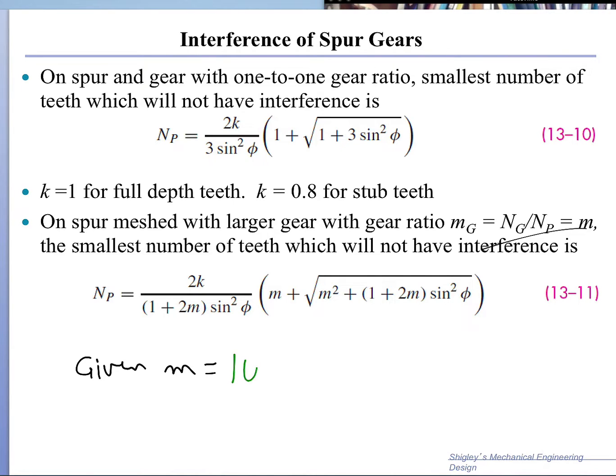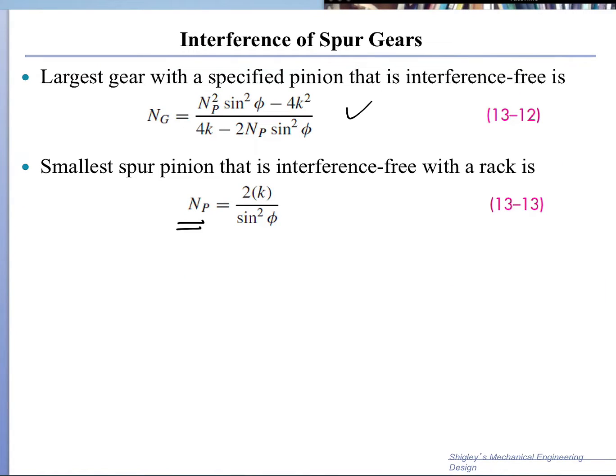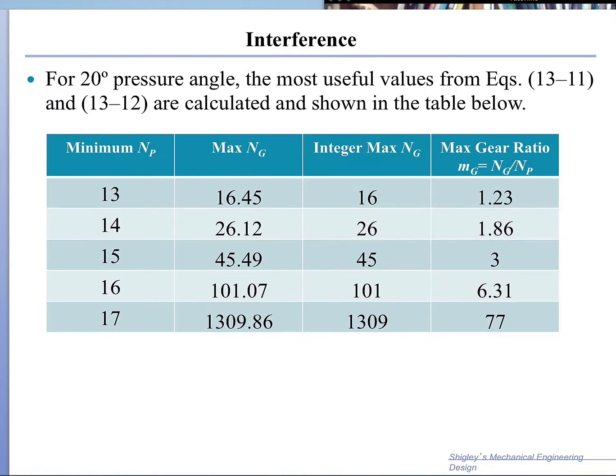So if m is equal to 10 given, and we also have phi equals 25 degrees, then we want to find n sub p. Once we find n sub p, the next thing is to find n sub g, and that determines both n sub p and n sub g and the final gear ratio that is achieved.